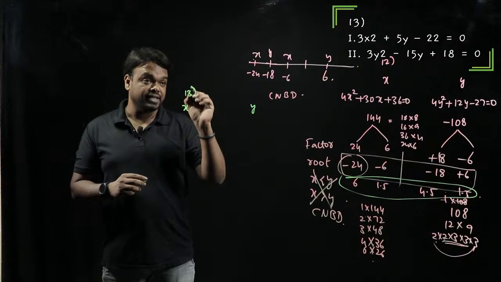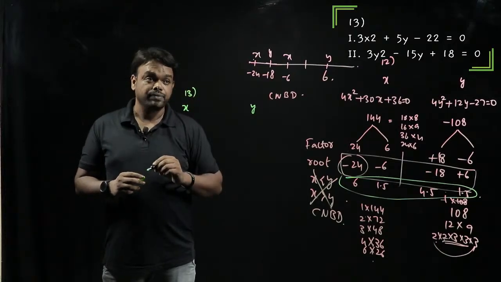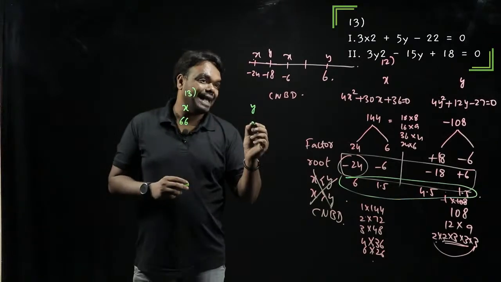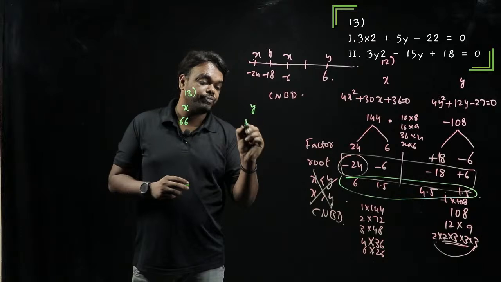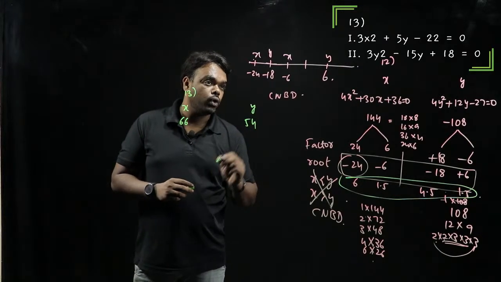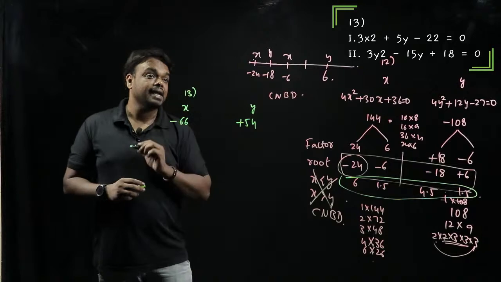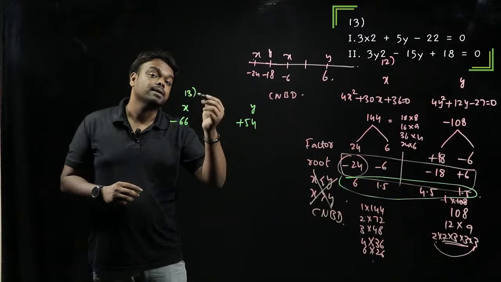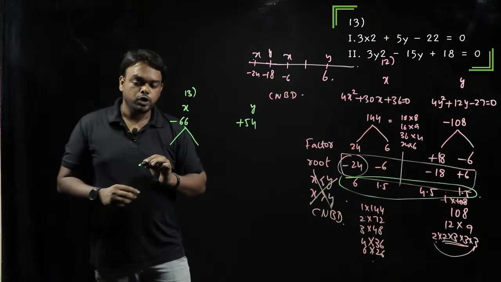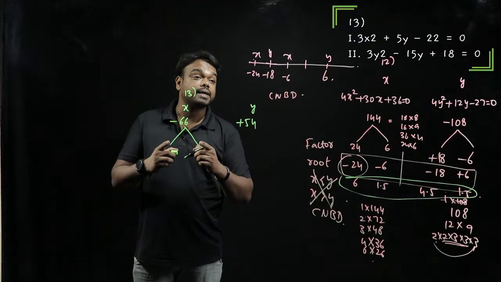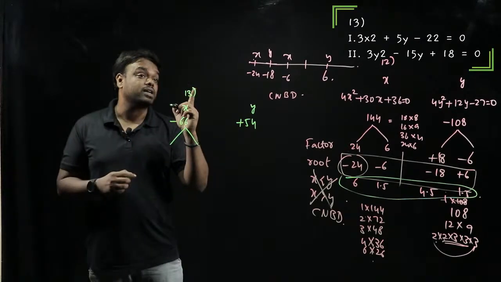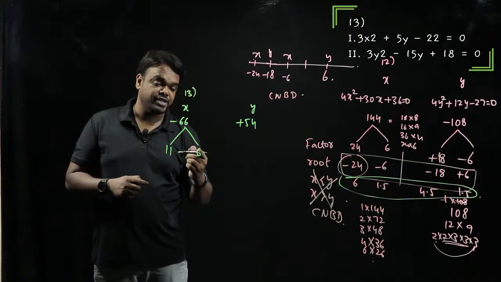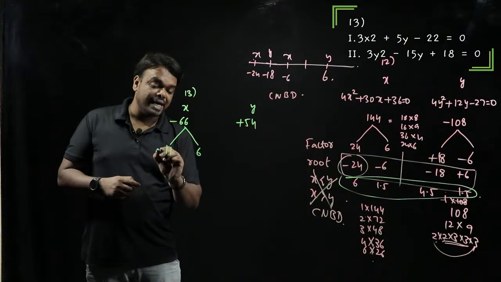तो x का देखो, x स्क्वायर का कोएफिशिएंट है 3, 3 इंटू 22 क्या हुआ, 66, और y का 18 है, y स्क्वायर कोएफिशिएंट है 3, 18 इंटू 3 इज 54, और ये पॉजिटिव है लेकिन ये नेगेटिव है. ठीक है ना, पहले फैक्टर्स और उसके बाद रूट्स. Two numbers whose product is 66 और सम 5 होना चाहिए. तो 11 into 6 बन गया 66. इसको माइनस करेंगे और इसको प्लस करेंगे.